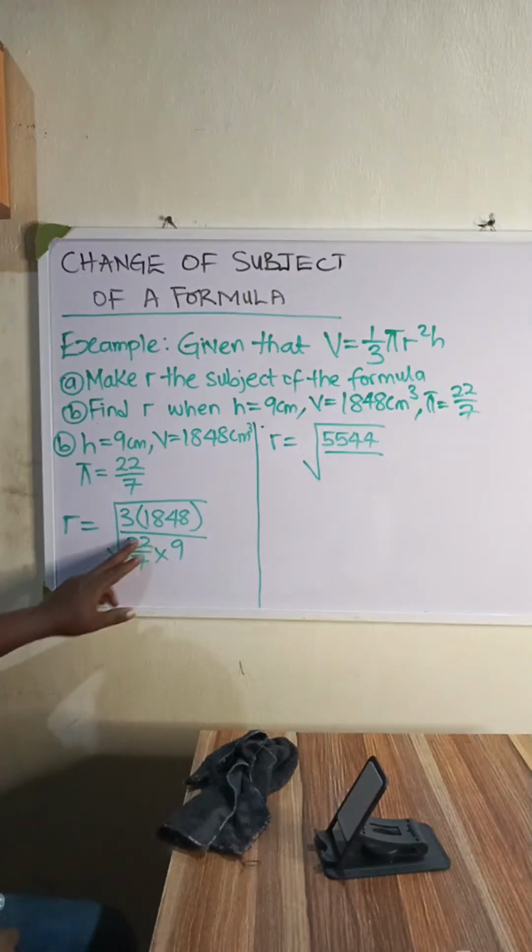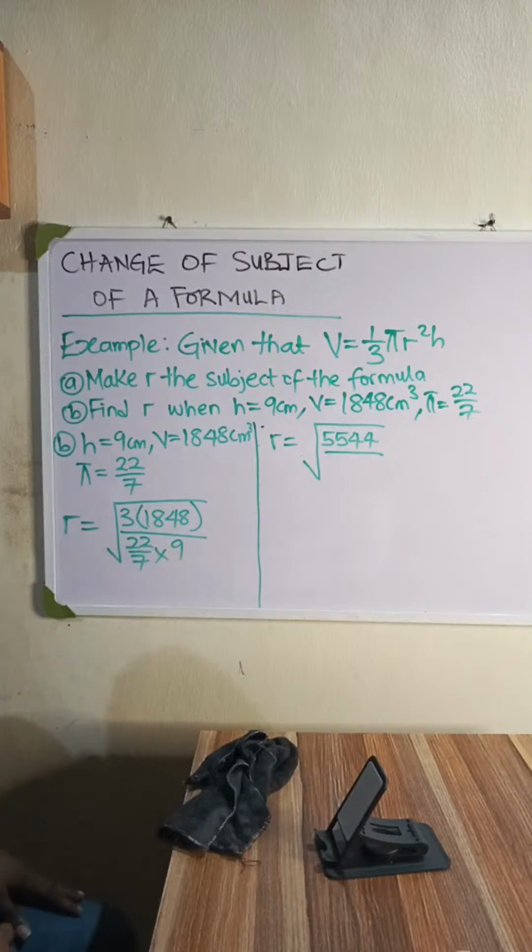So when you multiply this, what do you get? You got 28.226. I got 28.2871.